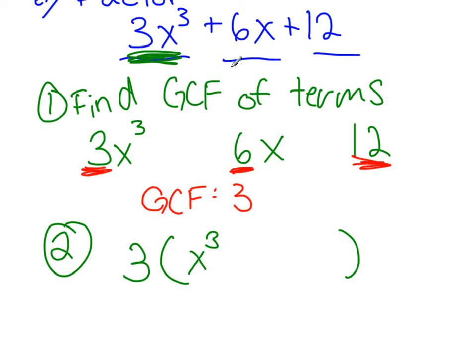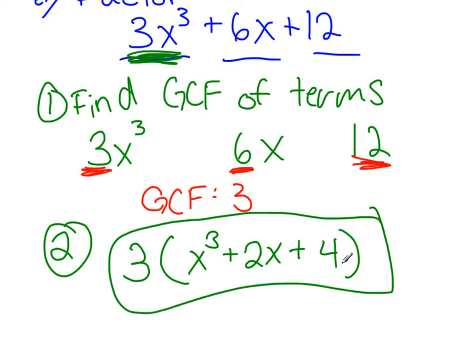And we go ahead and say plus. Alright, repeat, what times 3 will get us 6x? Well, 3 times 2 is 6, and we need an x. So 3 times 2x is 6x. Perfect. Alright, last but not least, plus, what times 3 will get us 12? Well, 4. And this is our factored form.